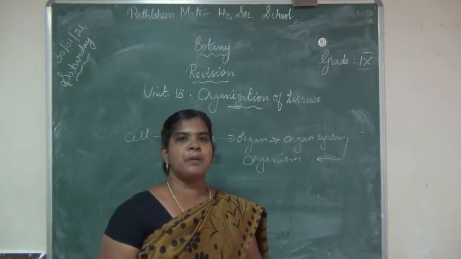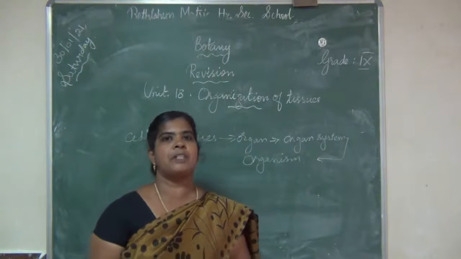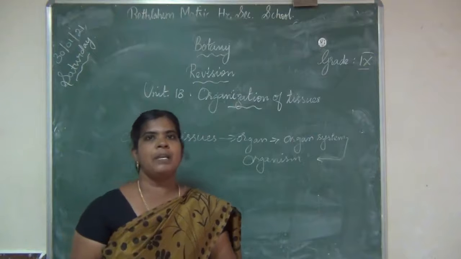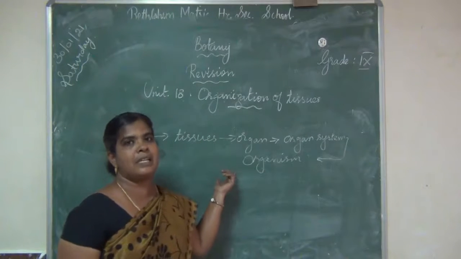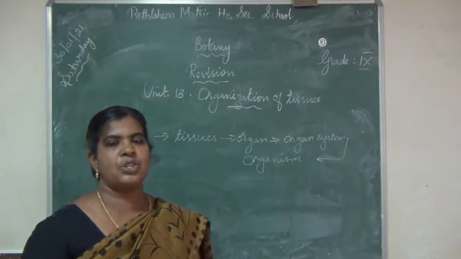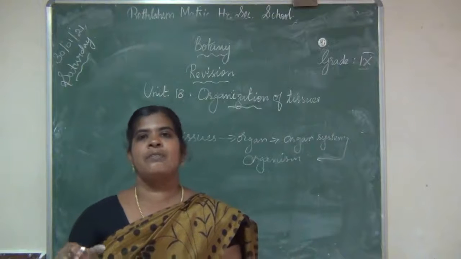Normally, leaves prepare the food. It has to be translocated to each and every part of the plant body through phloem elements. So tissues, example, xylem and phloem. What is tissue? Tissue is a group of cells which perform a particular function.